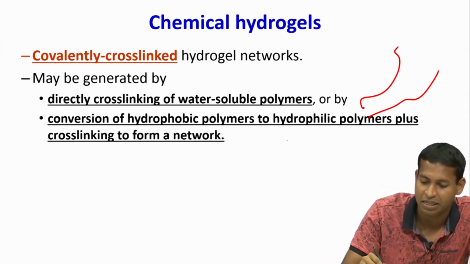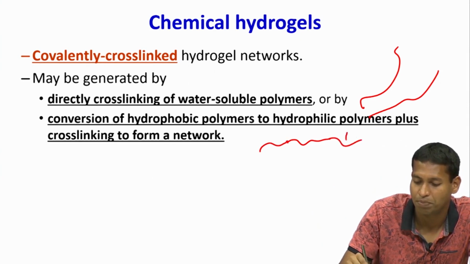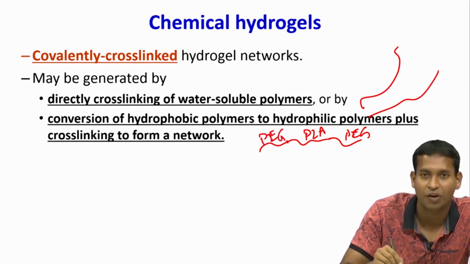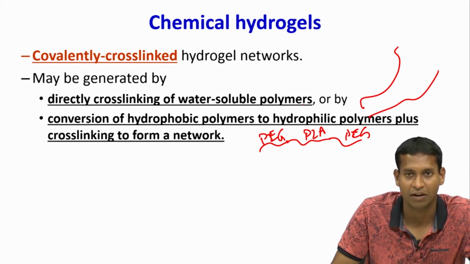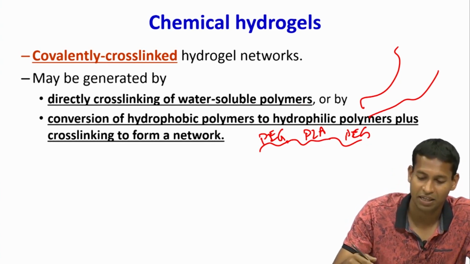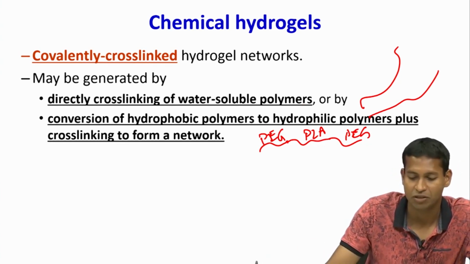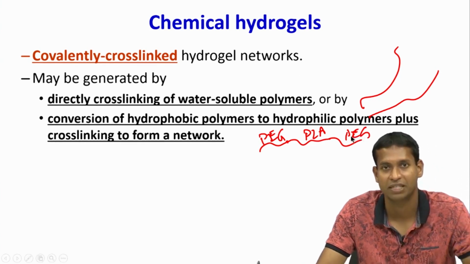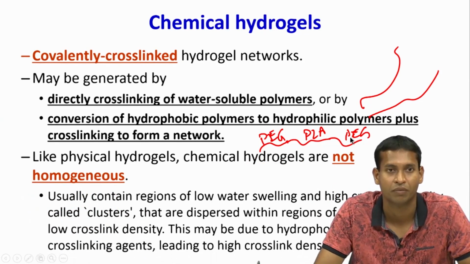So, I have taken the hydrophobic polymer and conjugated it to PEG, and now overall this particular chain is fairly hydrophilic, and then I can have the cross linking happen between different chains to form a hydrogel, a cross linked gel.